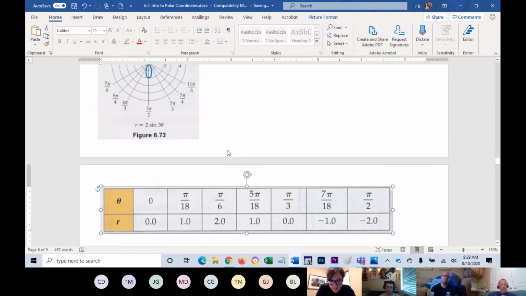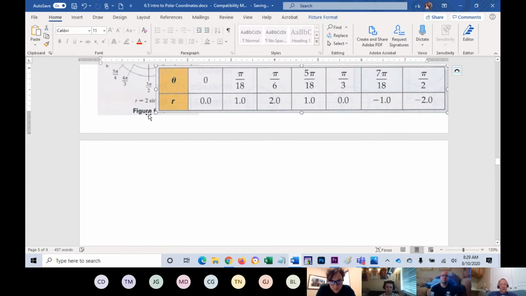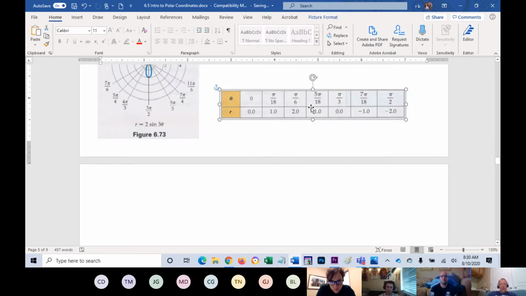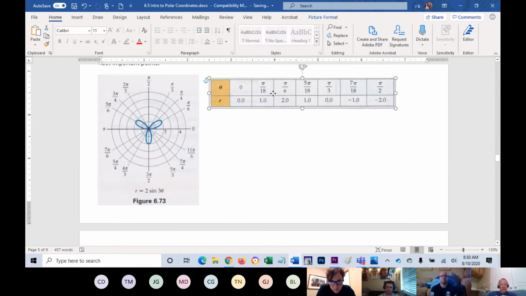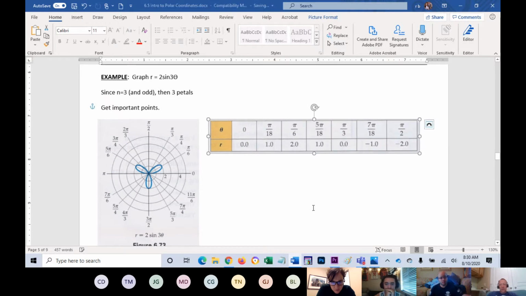So you can use this table to plot points here to get these 3 petals. So does that make sense? I'll make that a little bit bigger.